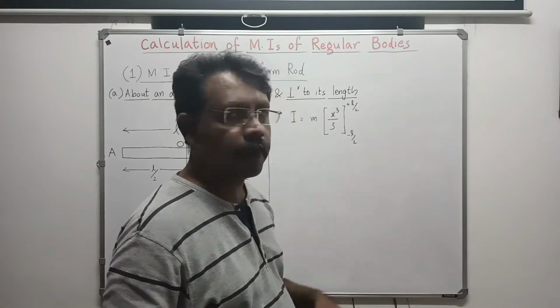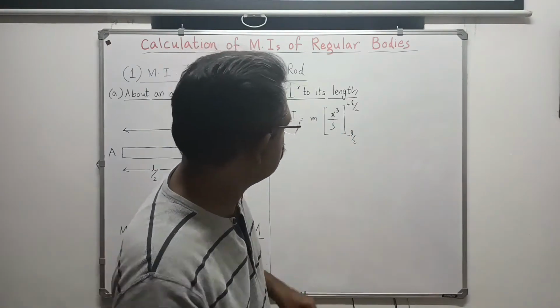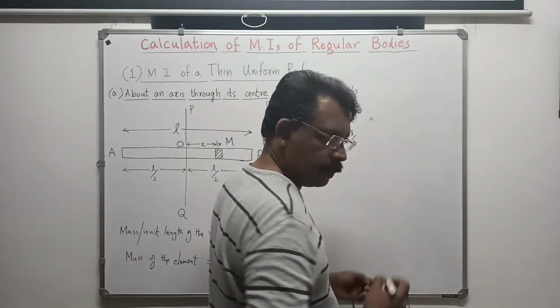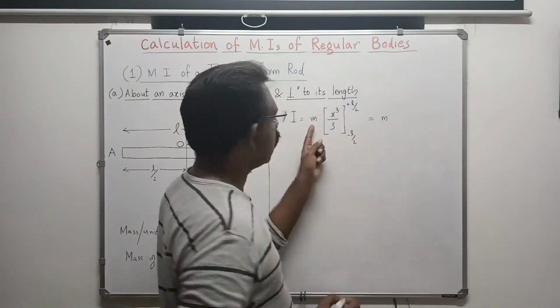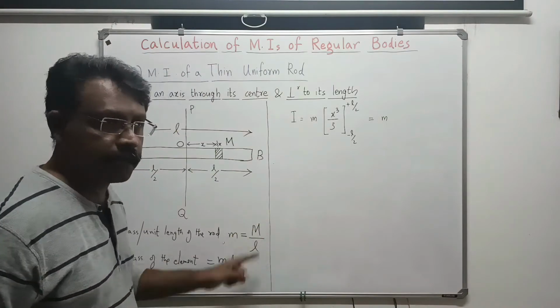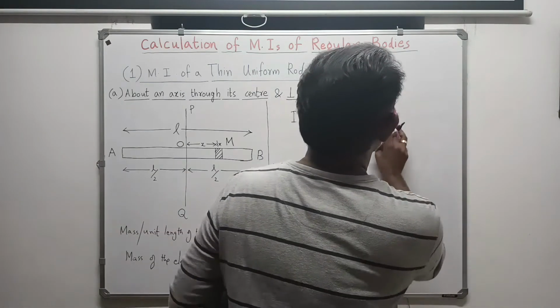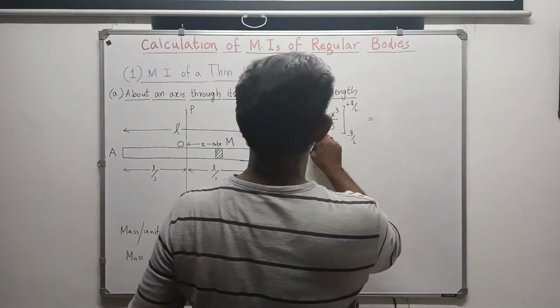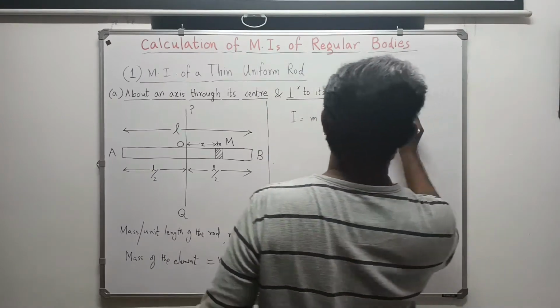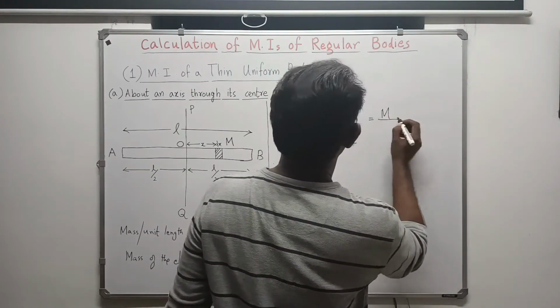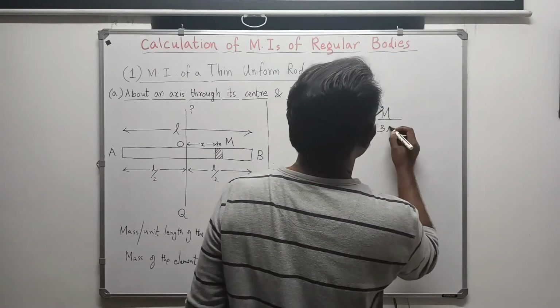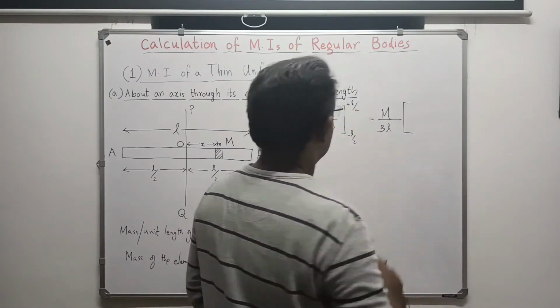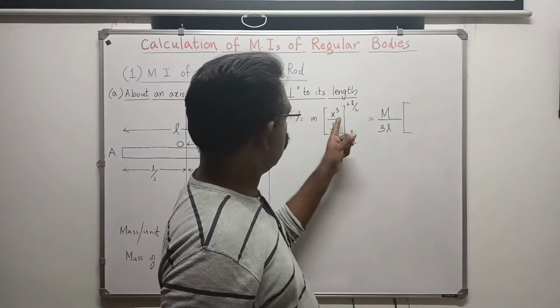So how will you apply this limit? Here, this m is nothing but M by L. So I will write m equals M by L, and there is a 3 coming here, which I will take out: M by 3L. Then I have only x cube here.